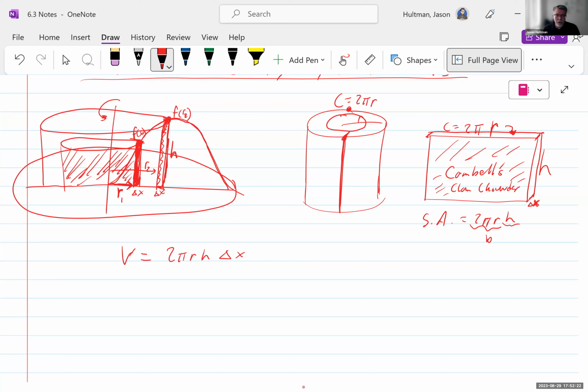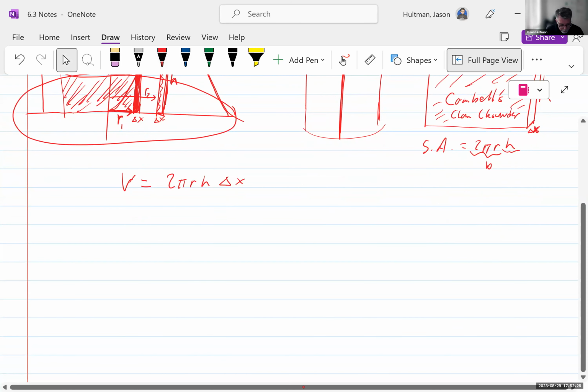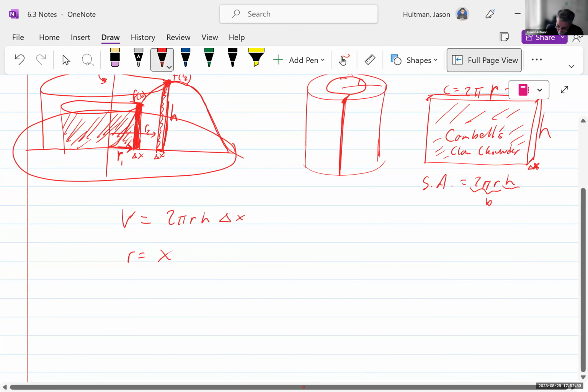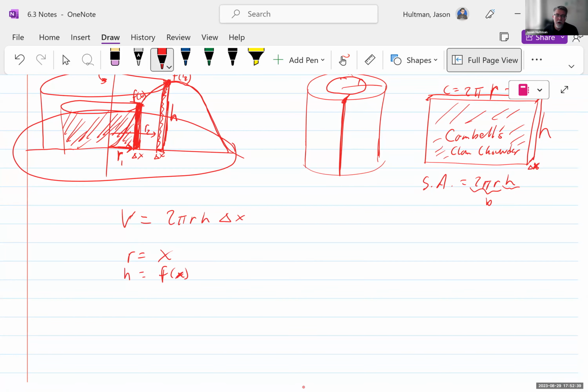Okay, and so how we write this in calculus is we say the radius is x. That's how far out we go. And the height is my f of x. And these are things that are going to vary. That's why we call them variables, because they vary.